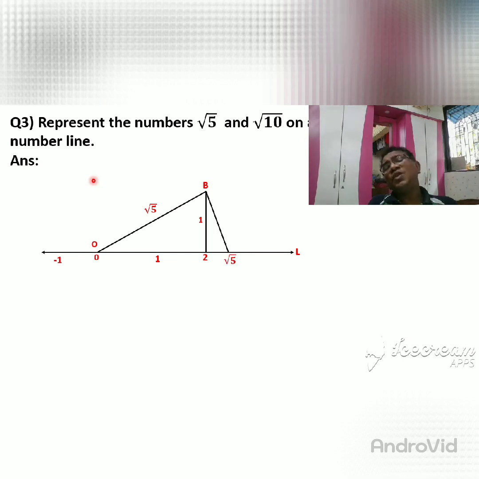See, how can you draw root 5 here? First you take the 0 or O point. From that O point you take a 2 centimeter segment. Suppose you give the name A, so OA is equal to 2 centimeter.